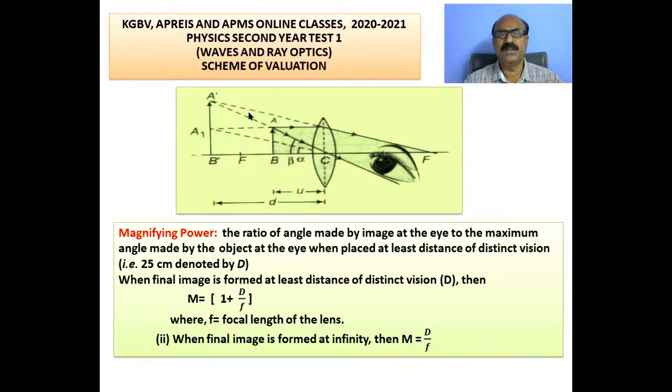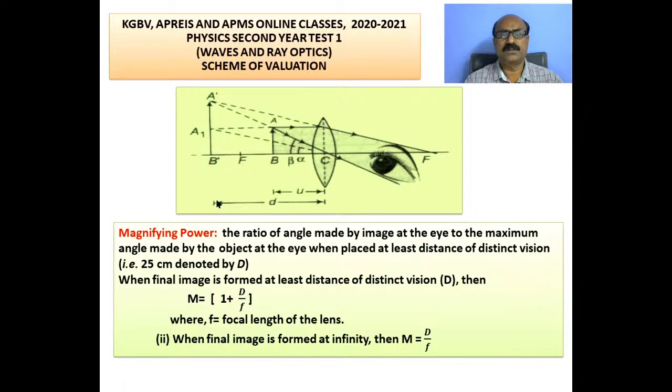So this is the neat diagram. You have to write down the labeled ray diagram. This is what is called a labeled ray diagram. This type of figure, the eye may not be drawn properly. You need not draw this. Anyway, you have to keep the object AB within the principal focus of this convex lens. As a result, the image A dash B dash is formed on the same side of the object at the near point.